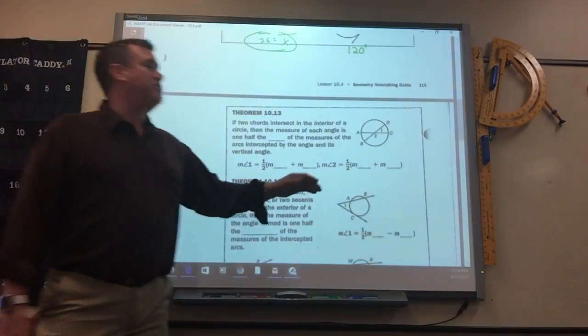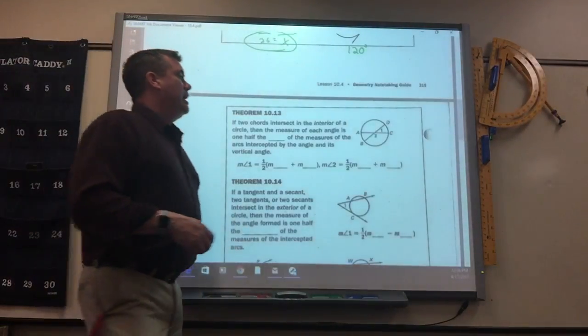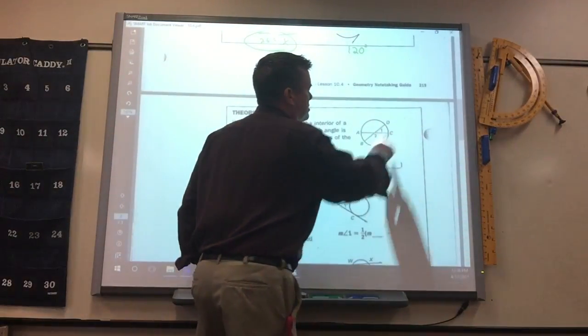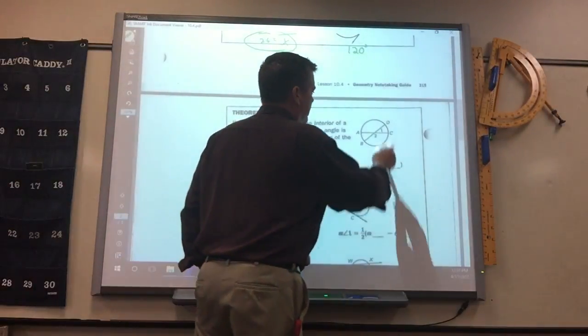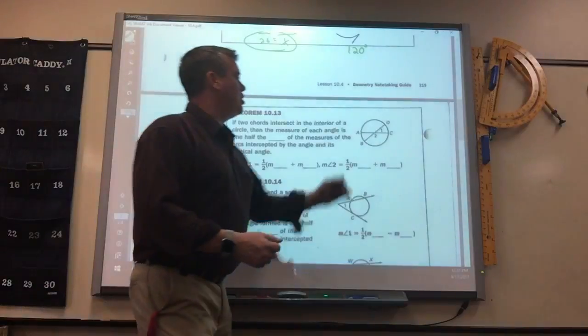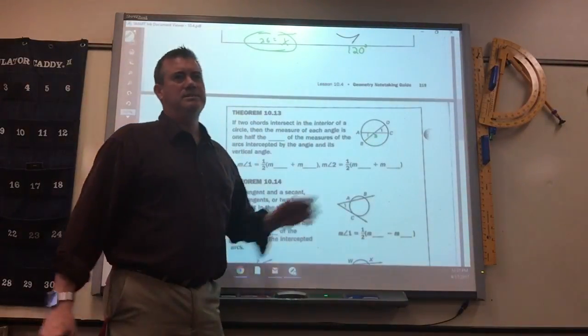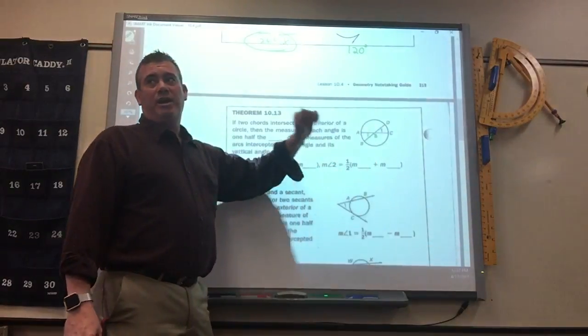Now, there's two other theorems. This has to do if you've got chords again and secants and tangents. If you ever have two chords that intersect obviously inside, what do you know about, well, if this was angle 1 right there, 1 and 1 are congruent. They're equal to each other.